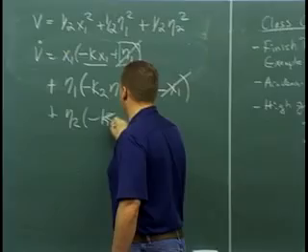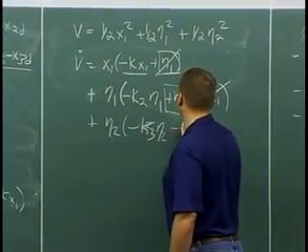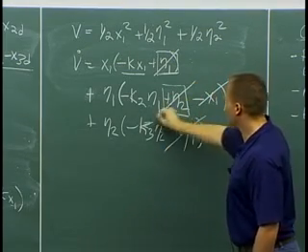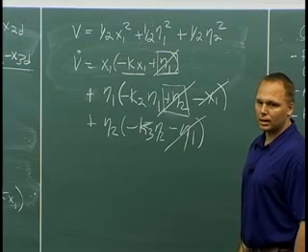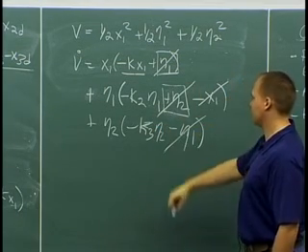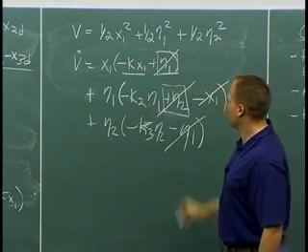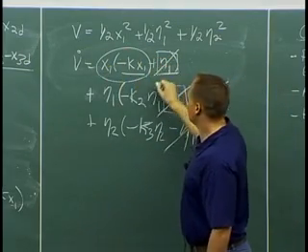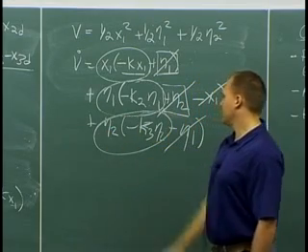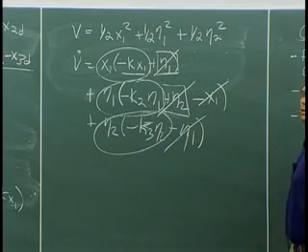Here's our minus A to 1 plus A to 1 A to 2 term. Our cross term, we have to cross off the cross terms. So what are we left with? Minus kx1 squared, minus k a to 1 squared, minus k a to 2 squared.